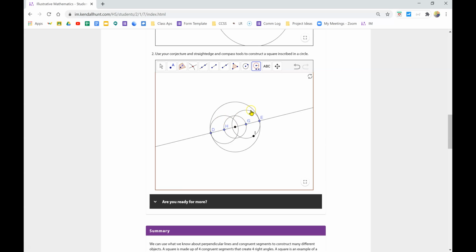Notice these two circles create 2 intersection points that are going to create my perpendicular bisector. So I click on that intersection tool and select this circle and this circle, and there's my 2 points.